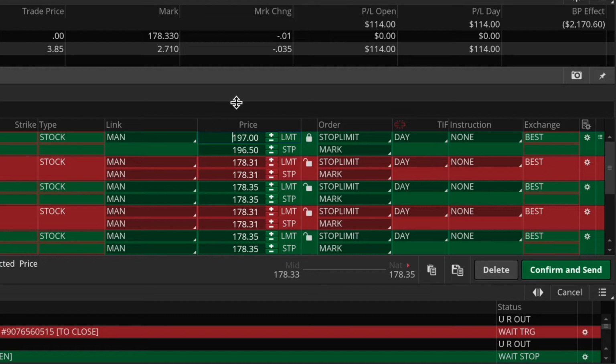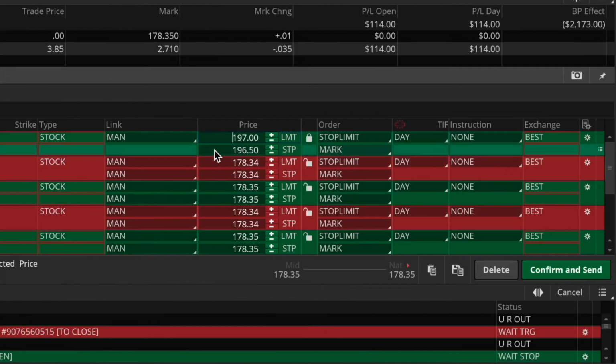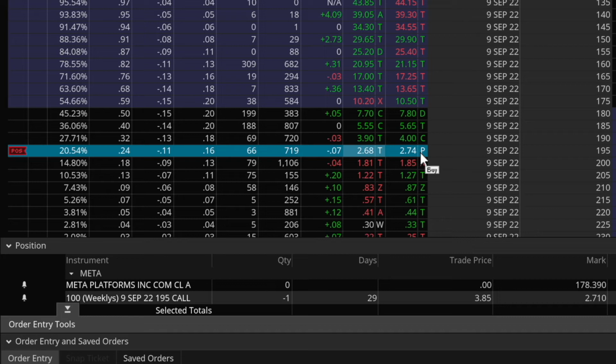So bottom line here, this stop limit buy order is going to buy 100 shares of stock if Meta Platforms gets to a price of 196.50. And then also it will not pay more than 197 to buy these shares. And so great, if that happens, this order will execute automatically and I'll purchase 100 shares of stock to cover my initially naked call option.